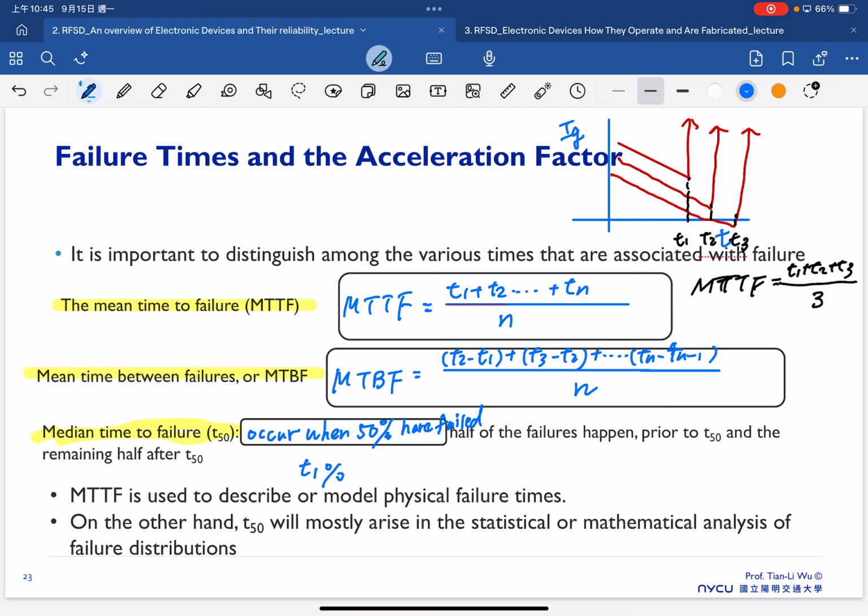And there's also another very important timing factor, called T63%. Later we will tell you why we are interested in the time to reach 63%. In general, this time factor is very important because it allows us to use the Weibull distribution.